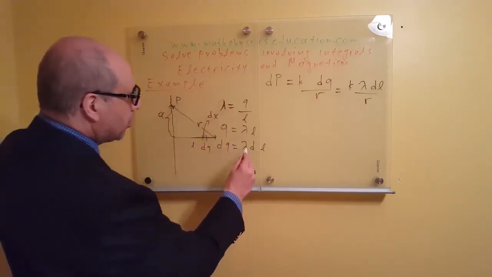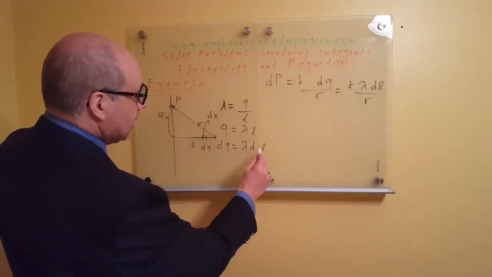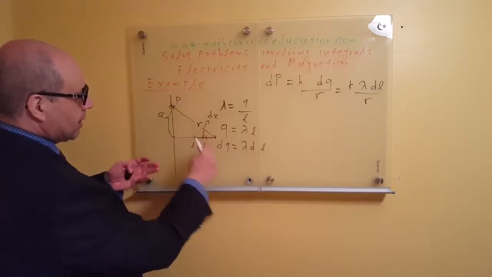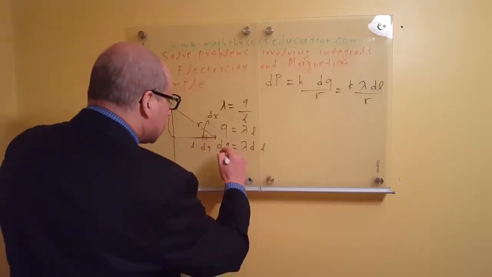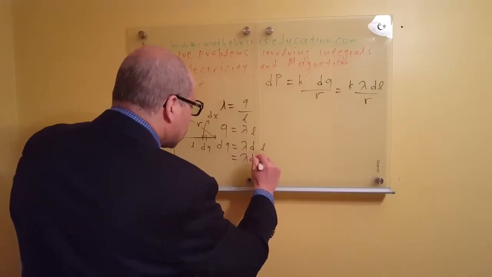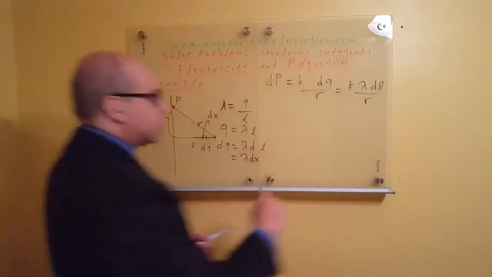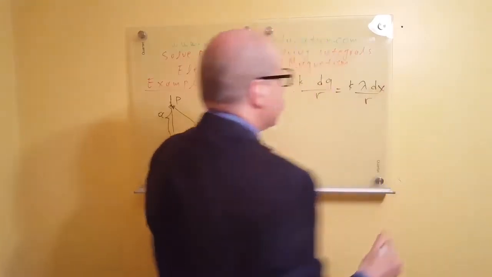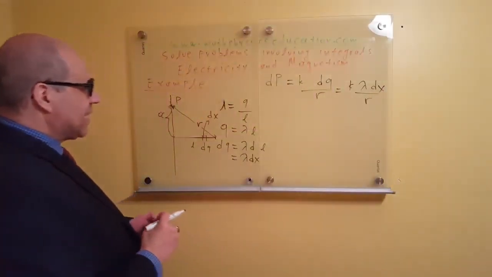You see that here you have R, but because this is a right triangle, by the Pythagorean theorem R is equal to the square root of a squared plus x squared, where x is this here.